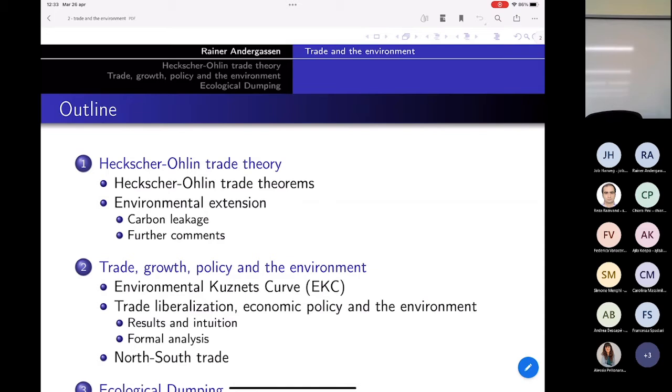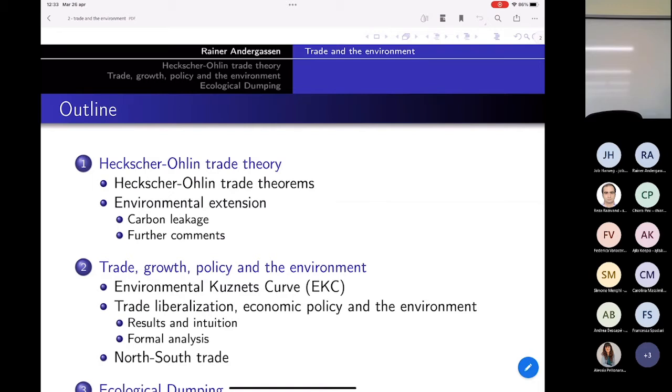This is something that clearly we would not like to have, because in this way you would just punish your firms by increasing their production costs, without changing what you're really worried about, which is overall CO2 emissions. And that's called carbon leakage.